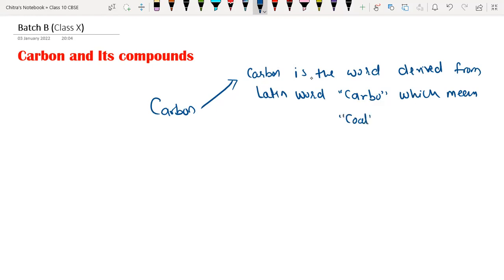What is the meaning of coal? The fossil fuel.